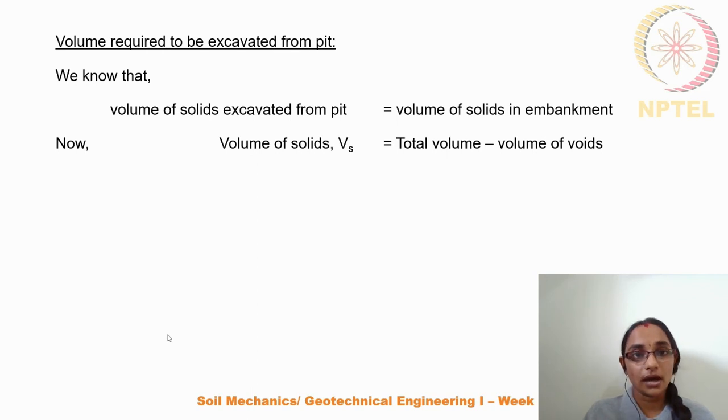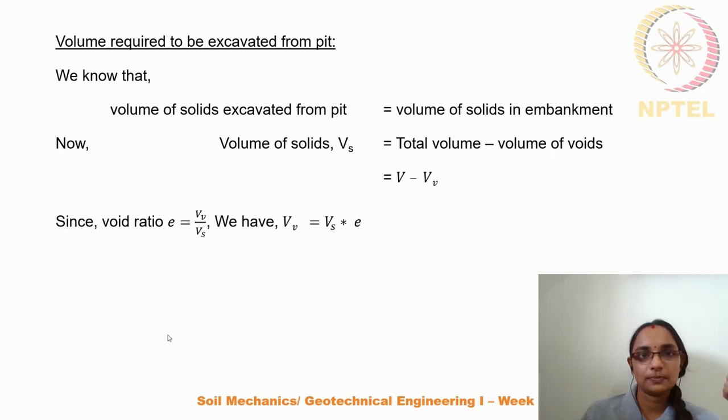Now, from the equation for void ratio, we know that void ratio e is equal to Vv by Vs. So Vv, the volume of voids, becomes void ratio times volume of solids.